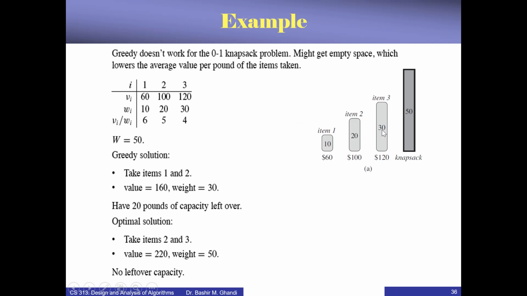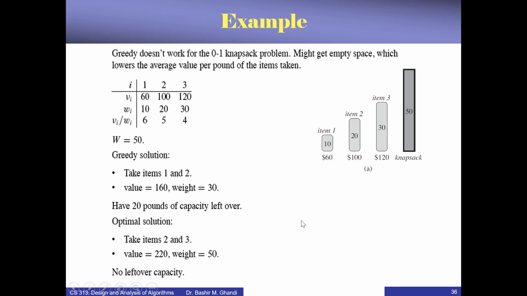If he has already occupied 30, 30 plus 30 will be 60. This will be above the maximum he can take. So if he's following the greedy choice, he will have taken only item 1 and item 2, and the value he will get is actually only $160.